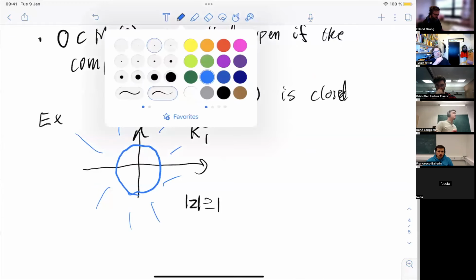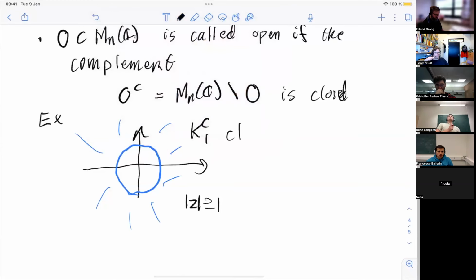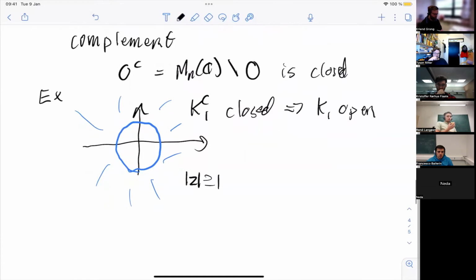And that's closed because I can't escape, because the boundary is included here. And that means that K1 is open. So this is an open set because the complement, everything that's outside the unit circle and including the unit circle, is closed. There's no way for any limit to escape this set.